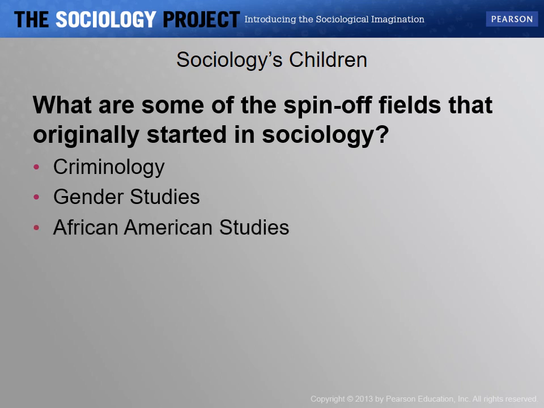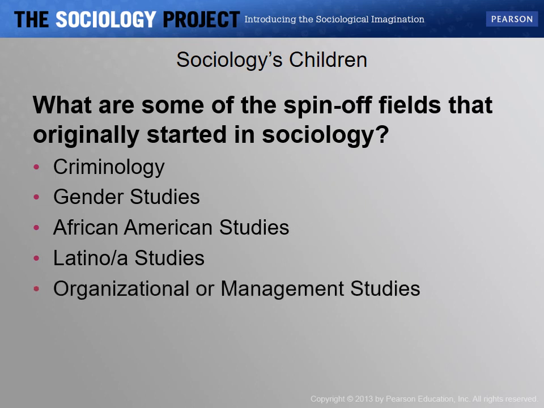African American studies is a very narrow view of ethnicity and race. Latino studies and Latina, and organizational or management studies, thinking about institutions, which we'll talk about later on.